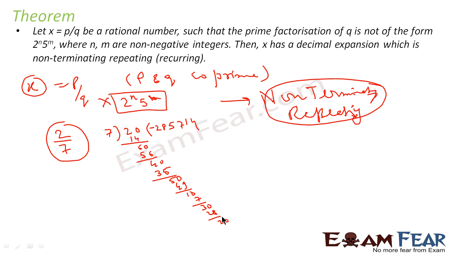Right? 7 twos are 14. This is 6. 60. Again it will become 7 eights are 56. Correct? 40 is left, and then 7 fives are 35. Again 50 is left. 7 sevens are 49. Correct? We take 49, subtract this, becomes 1. 10. 7 ones are 7.